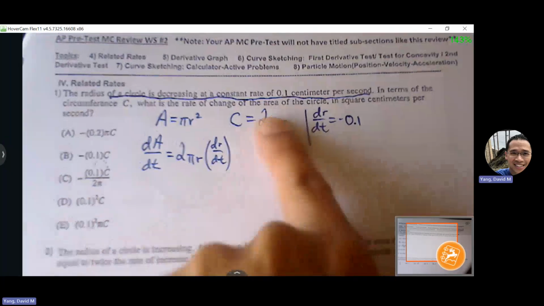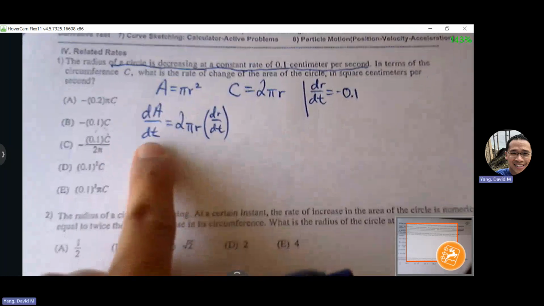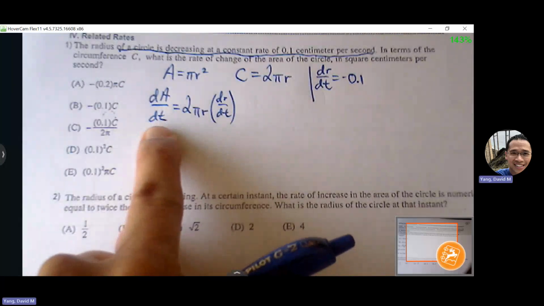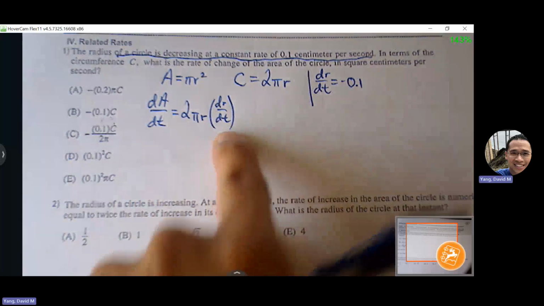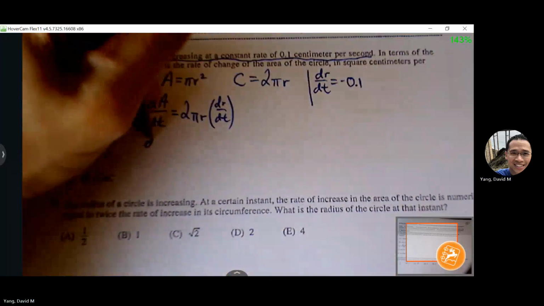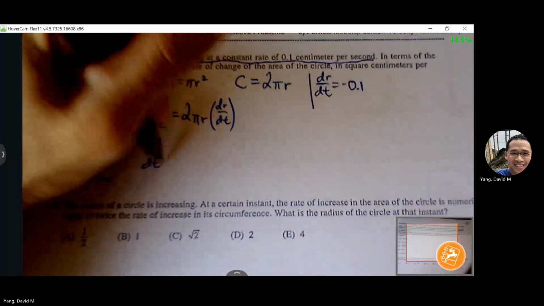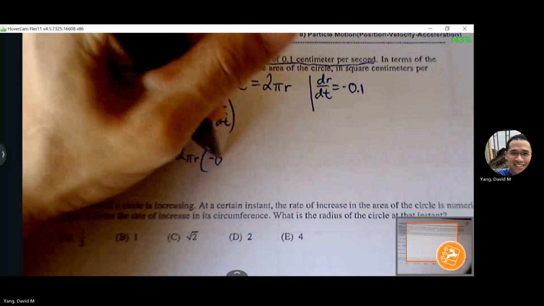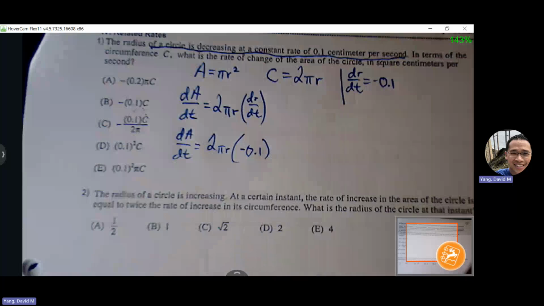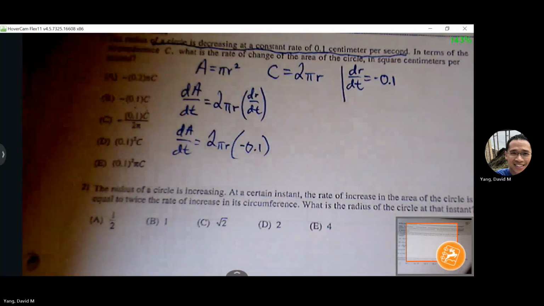Okay, in terms of the circumference, what is the rate of change of the area? So we just want to find dA/dt. To find dA/dt, we can replace dr/dt with negative 0.1. Now they say in terms of circumference, so is there something we can replace with circumference?